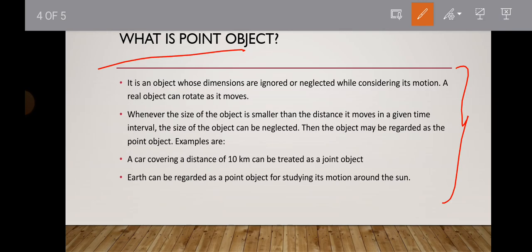According to this question, first of all, the path which the body will cover should be smooth.